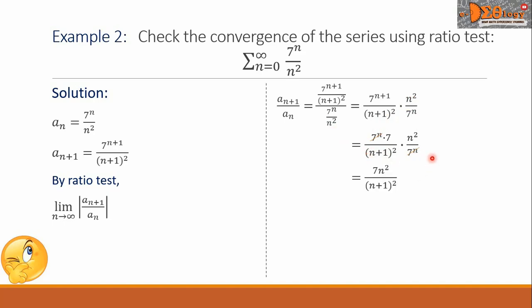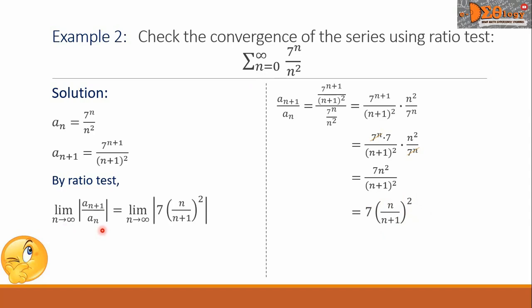Simplifying the product, we have 7 times n squared all over the square of n plus 1. We can simplify this further by writing 7 times the quantity n over n plus 1, with the fraction raised to the power 2. This is the value that we're going to substitute in the ratio test formula.